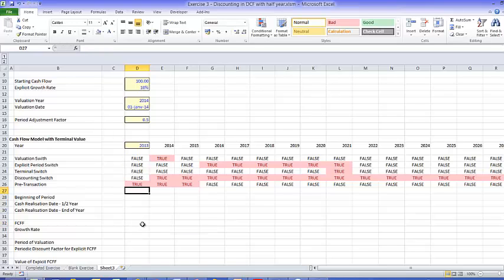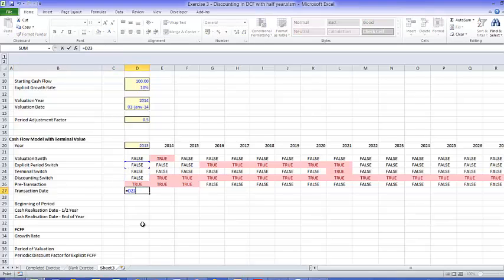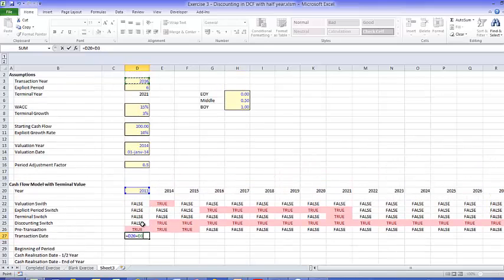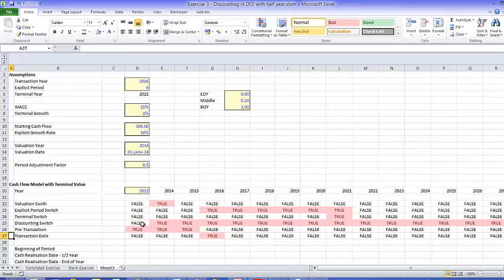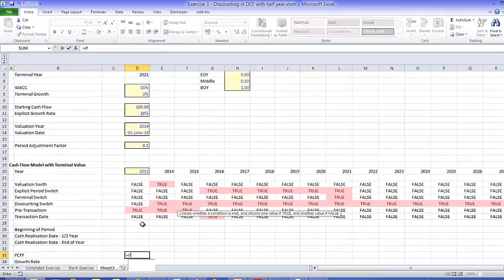I think I'm going to enter a new variable for the date so we can get the beginning. Okay. Here's why we need that. If it's the transaction date, then we're just going to say we've got 100 of cash flows for that year.